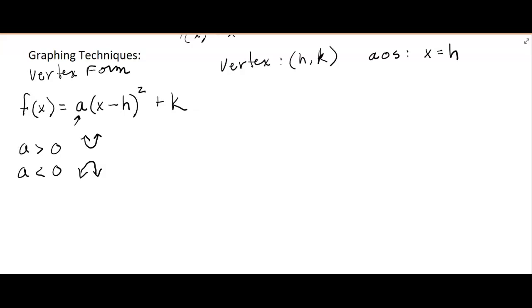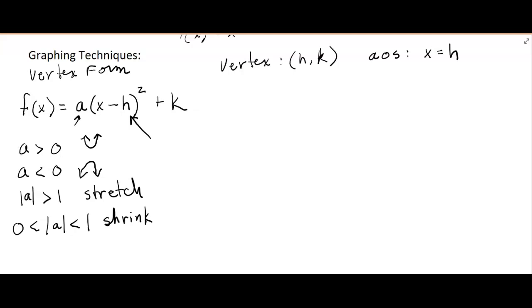If the absolute value of a is greater than 1, that's going to be a stretch. And if the absolute value of a is between 0 and 1, that's going to be a shrink. So it's following what we've talked about with the transformations, but we're just going to, in particular, look at parabolas and how it affects those.